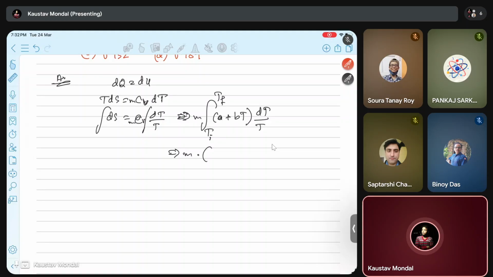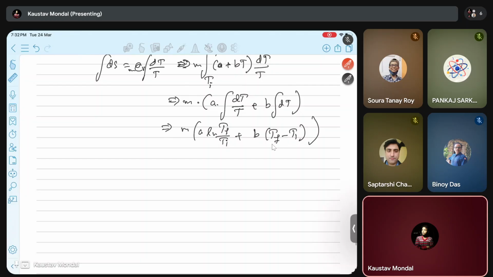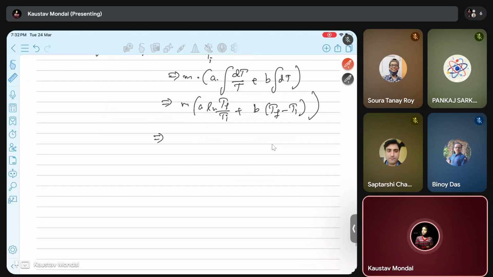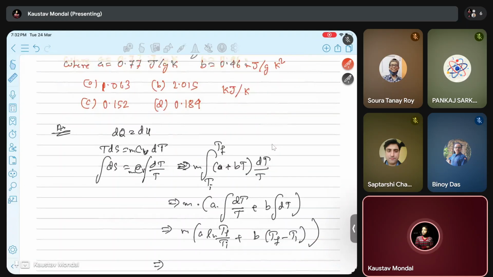The first term gives you A into ln, since it is dT by T. The second term gives you just dT. So M into [A ln (Tf by Ti) plus B into (Tf minus Ti)]. The mass is 3 kg.